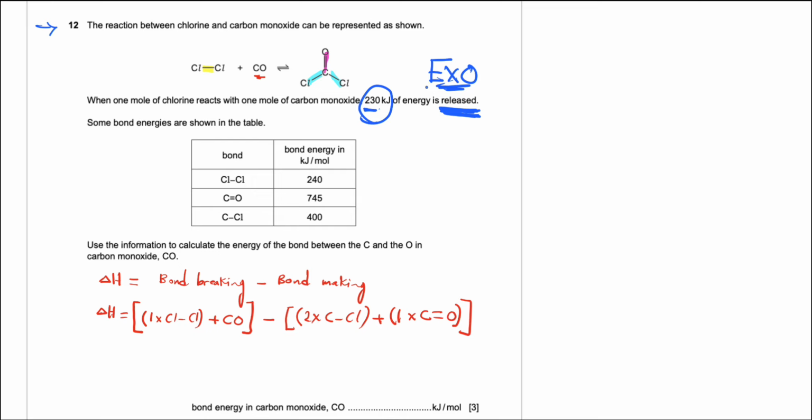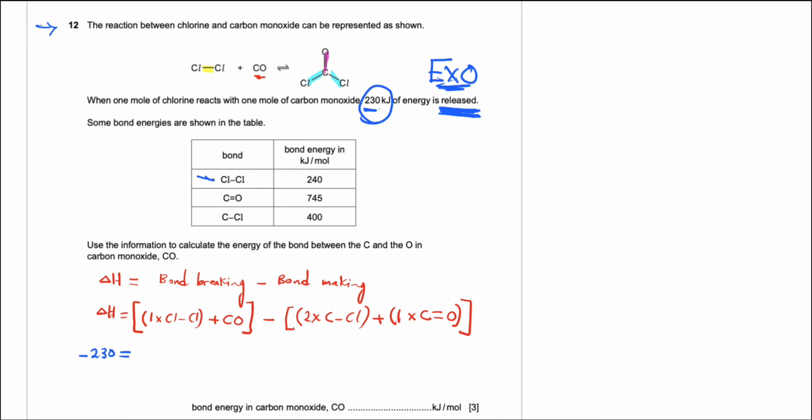So he didn't give you the sign, positive or negative, but he told you that hidden word, released. It means that amount of energy is negative. He didn't give you the minus sign before the number 230, but he told you release. It means that number has to be negative. So delta H for the overall reaction is negative 230.